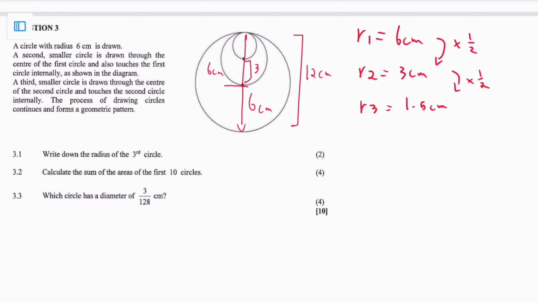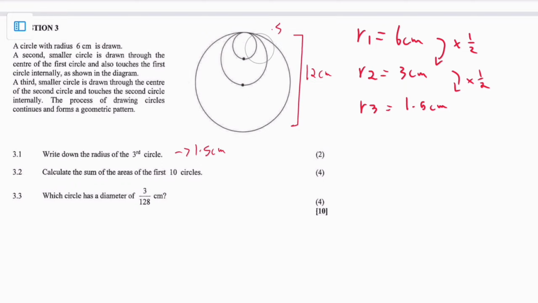Well, we need to get to 12. So 6 plus 3 plus 3 gets us to 12, and so half of 3 is 1.5. So the radius of the third circle is 1.5 centimeters, and you can see that we're just halving this. So the first radius is 6 centimeters, second is 3, third is 1.5.